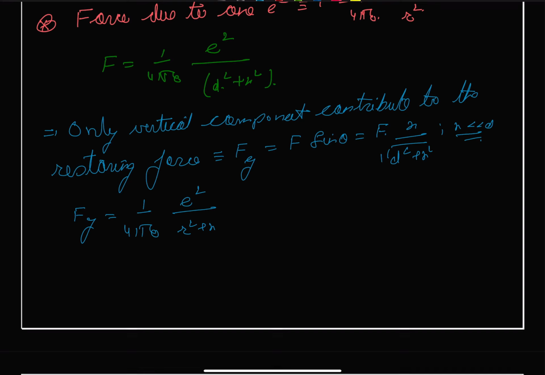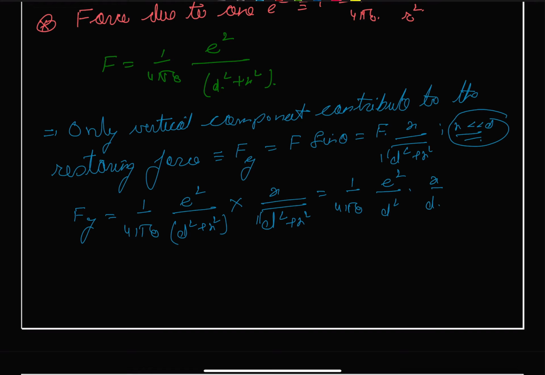And here also our d square x square, and this comes as x upon d square plus x square and its square root. So according to the condition that x is very much smaller than d, we can write that this will be equal to 1 upon 4 pi epsilon naught e square upon d square multiplied by x upon d.